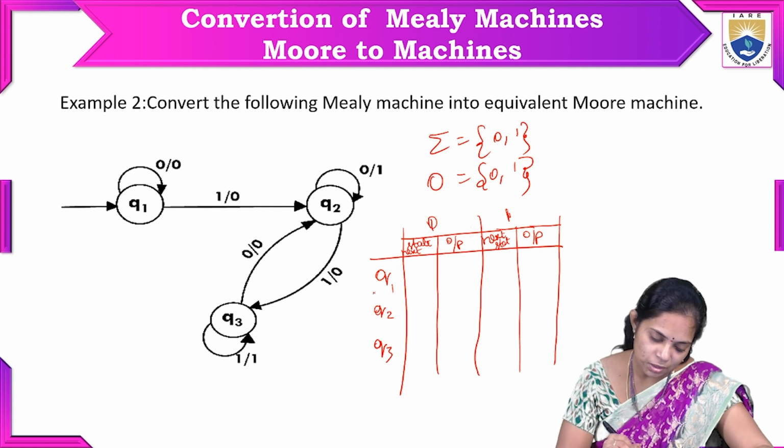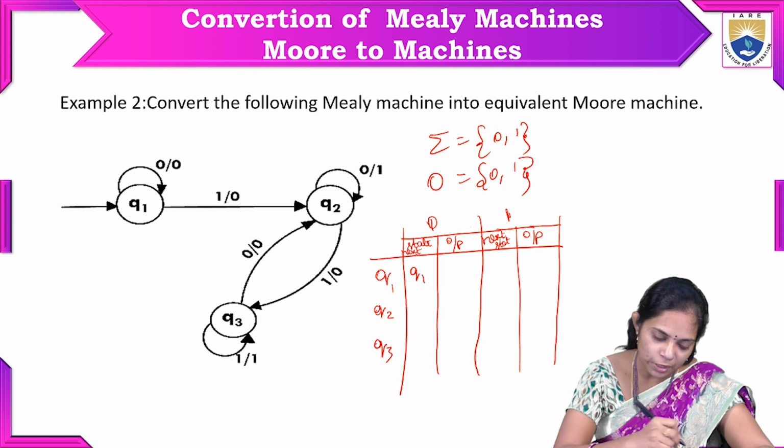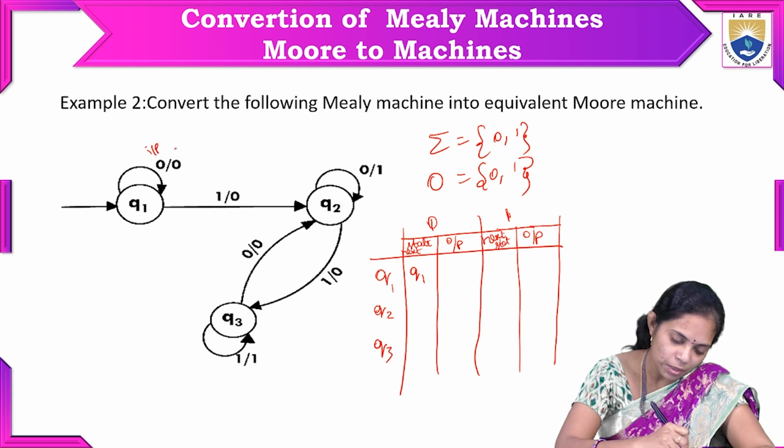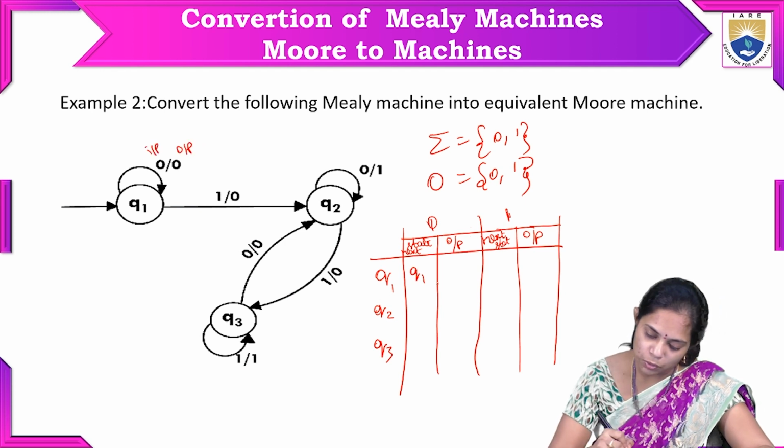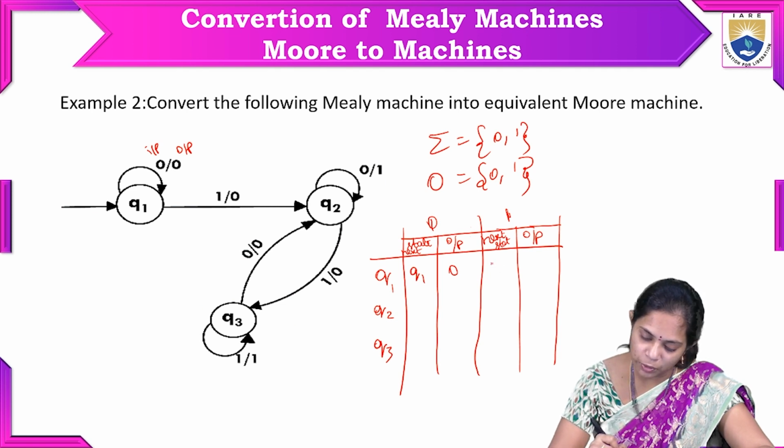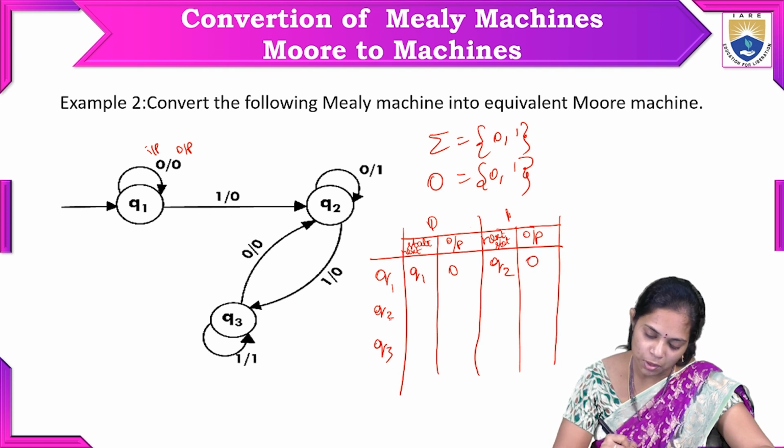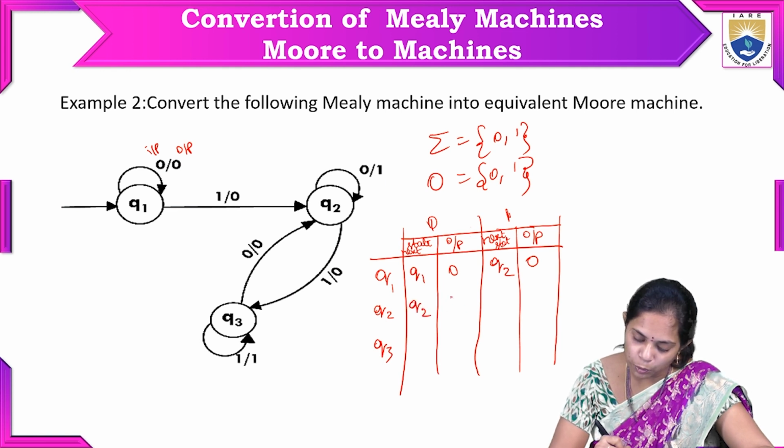So here the next state, Q1, when we are giving the 0 as an input, it is going to Q1 itself, and with the output, here it is the input, this is the output. So 1 as an input, it is going to Q2 and giving the output 0. And for the Q2 state, when we are giving the 0 as an input, it is going to Q2 and with the output 1.